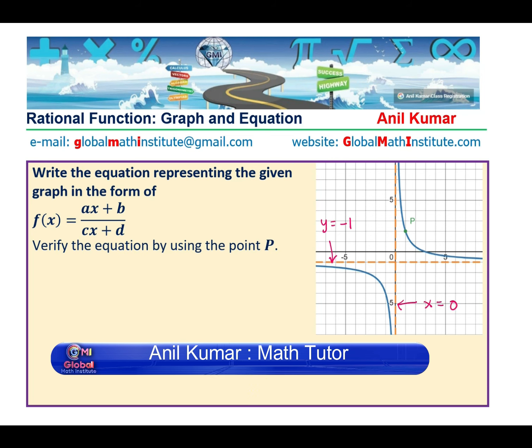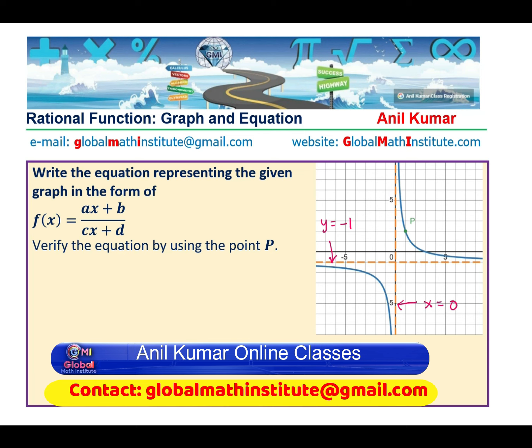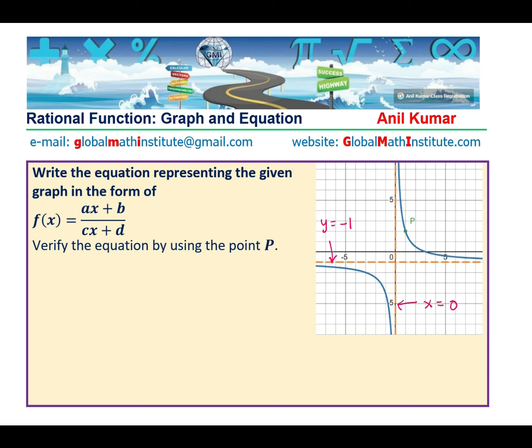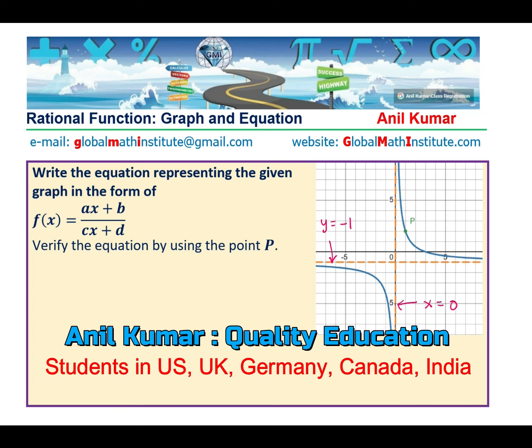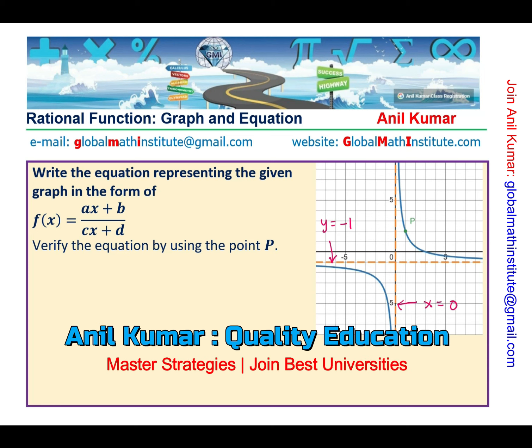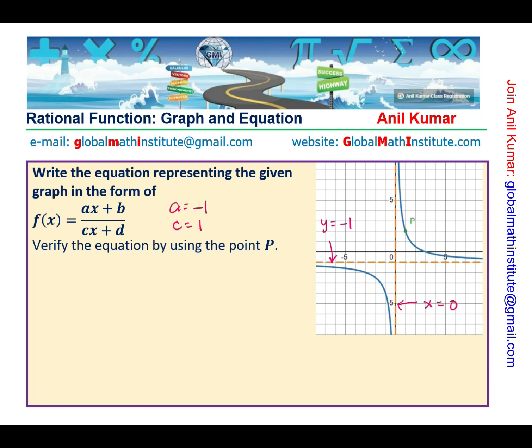So x equals 0 is your vertical asymptote, and that clearly indicates that in this particular case, only x is there in the denominator, because the value of d is 0, right? And y is minus 1 means I can take a as minus 1. So a equals minus 1, correct? We can write c as 1 and we know d equals 0 since the vertical asymptote is x equals 0. So we get all this.